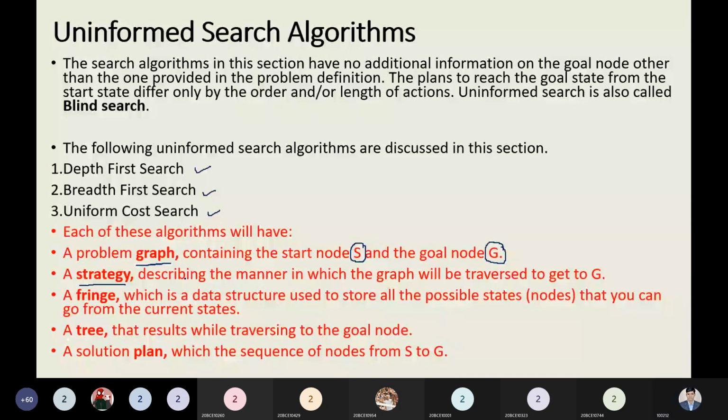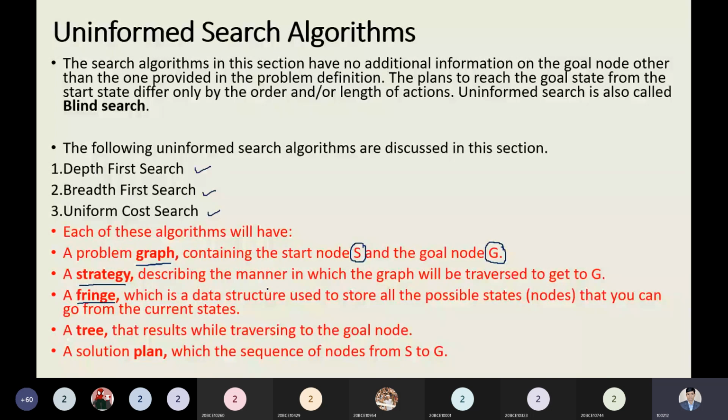Fringe is a data structure that is used to store all the possible current states, or node details, that you can go to from the current state. From the initial state to the last state, the nodes you are using are stored at some point, and that is known as the fringe.